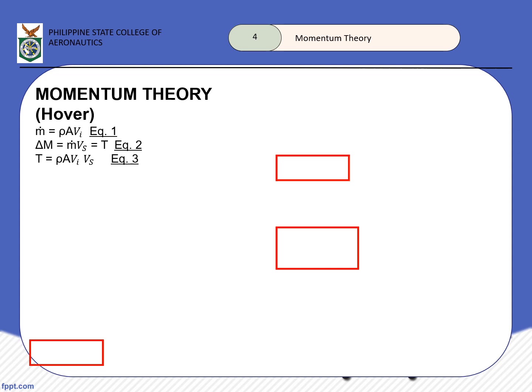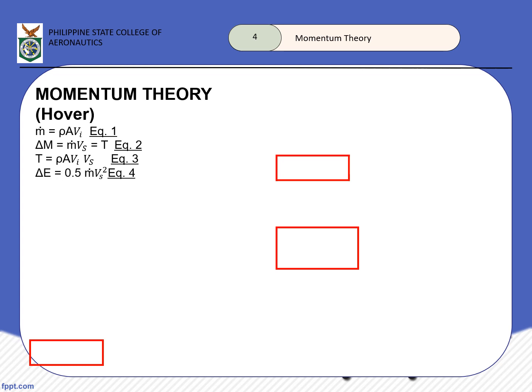Next, equation 3. Since thrust is defined as the rate of change of momentum within the direction opposite to the direction of motion, we can say na thrust is equal to rho A VI multiplied by Vs. So that is our equation 3.